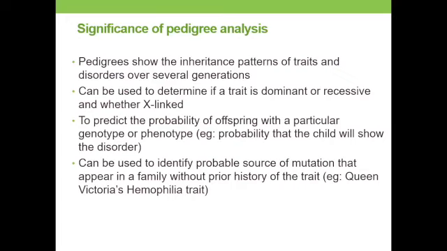We will also talk about a very famous story in the British royal family, where Queen Victoria was a heterozygous carrier of the trait hemophilia, and how she contributed to passing that hemophilia trait onto her grandchildren or her children, and how this inheritance of hemophilia occurred in the royal family.